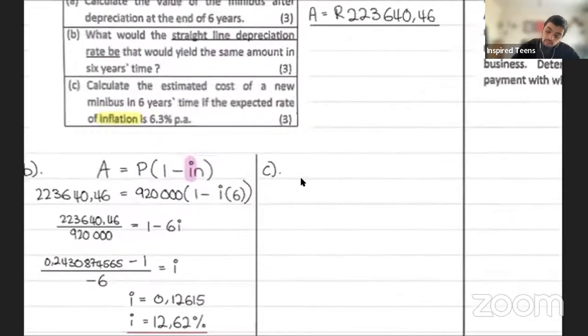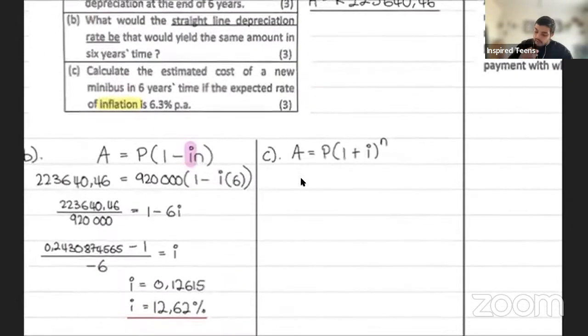Okay, so now we are going to use the formula A is equal to P(1 + i)^n, plus being the key. Okay, so now they want us to calculate the estimated cost of a new minibus 6 years from now. It's how much is it going to be in the future after inflation.